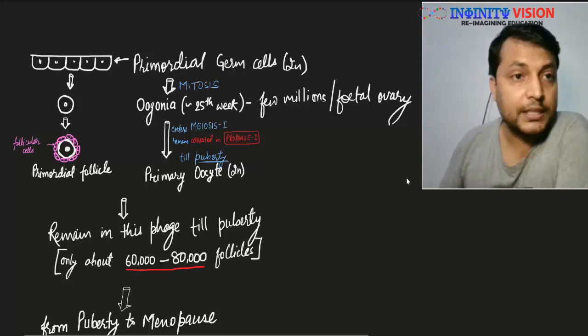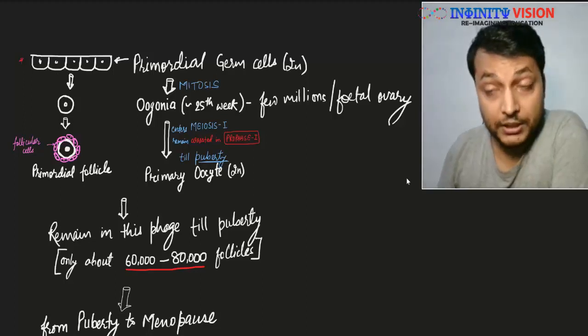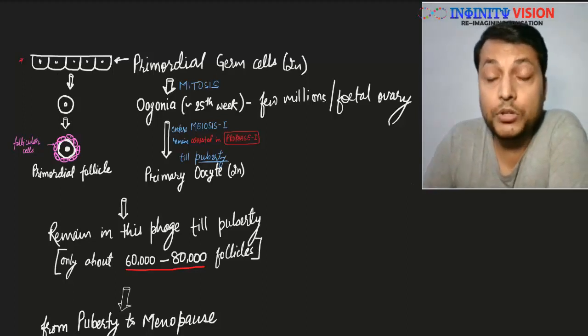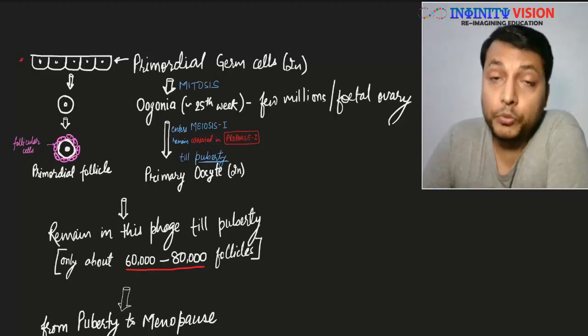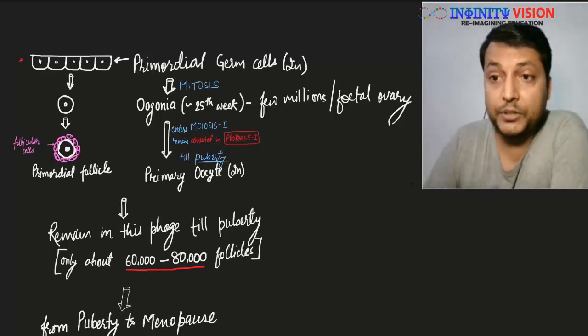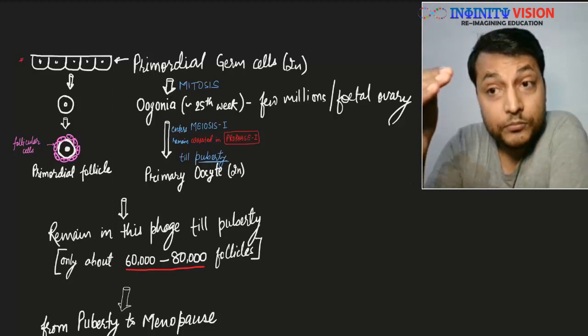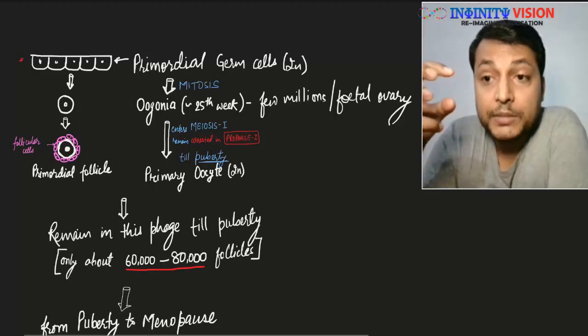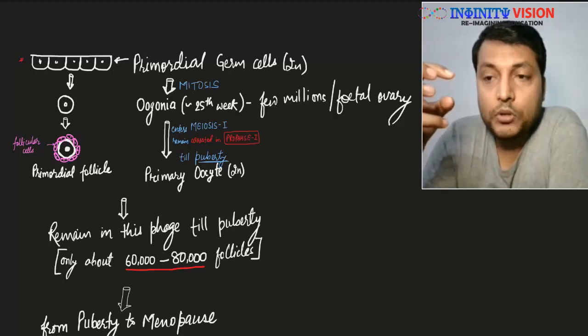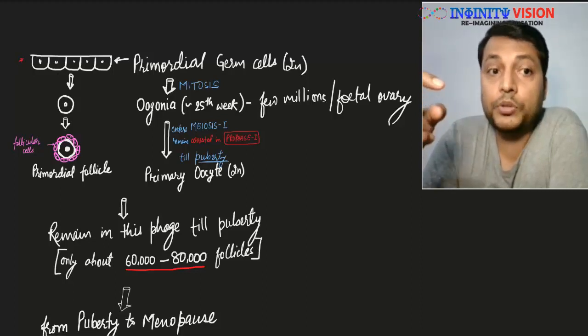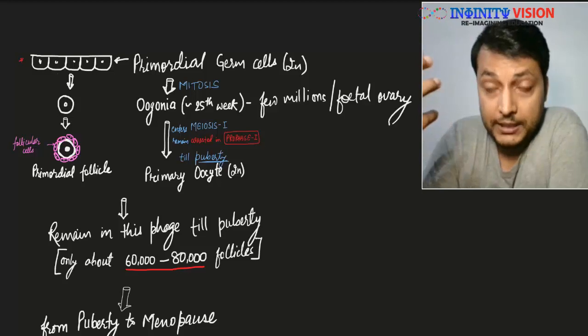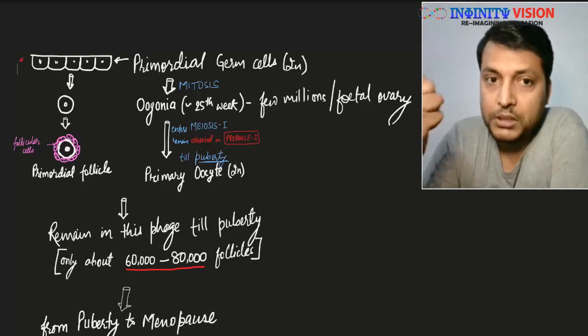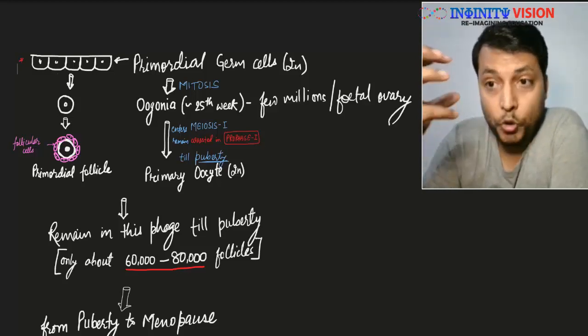This is a layer of germinal epithelium, which is mainly composed of simple cuboidal epithelium, and these are present as a lining of the ovary. Now these cells are limited in number, and the cells of this germinal epithelium are known as primordial germ cells. These are diploid.